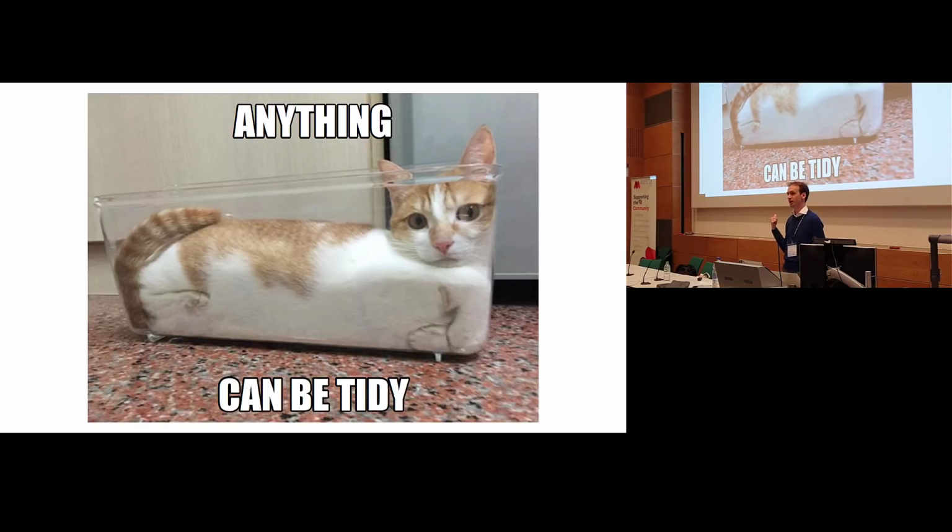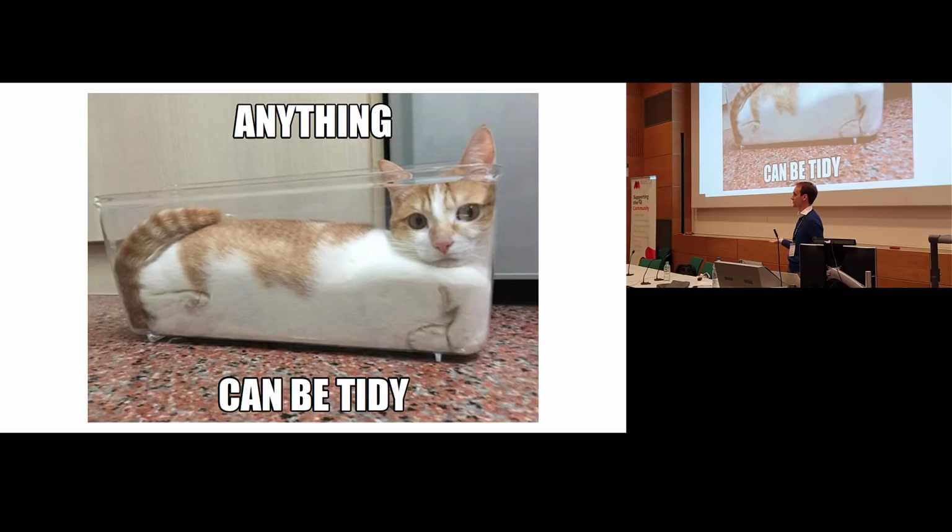And you get it tidy by thinking about what's the fundamental unit of cat, right? And it's fur, so each of those millions of individual hairs is understood separately and manipulated separately in order to align it with the edge of the glass box. So if you describe a cat as just millions of pieces of fur, you can tidy it.